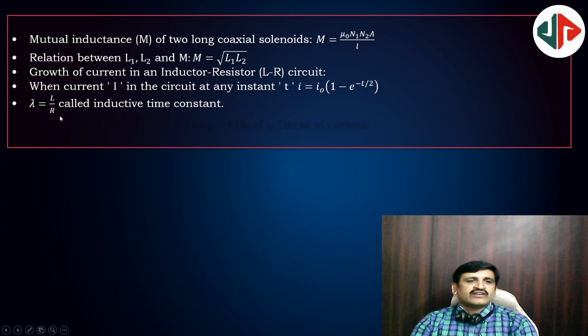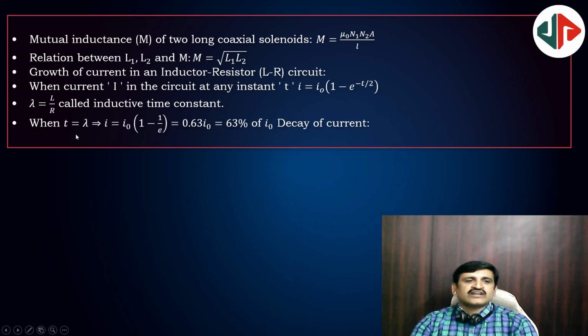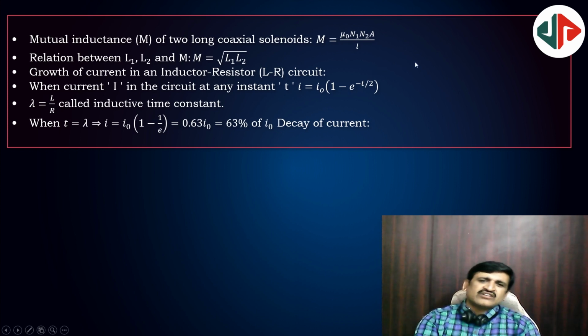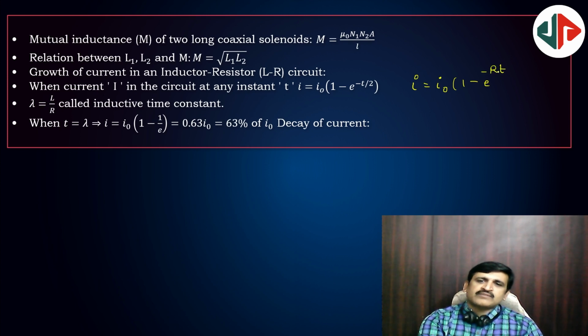Lambda equal to L by R is called the inductive time constant. When t equals lambda, the inductive time constant, the exponent becomes 1 by e. I will write the formula properly: I is equal to I naught of 1 minus e to the power of minus R t by L, where L by R is known as tau or lambda.